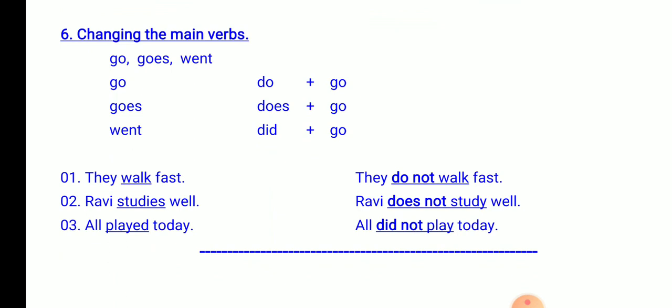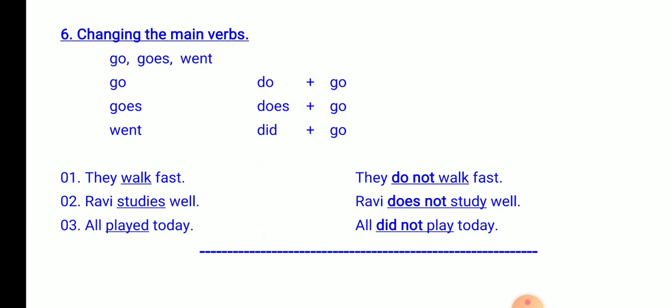Then add not after do. So what is the negative of walk? It is do not walk. Now change the sentence into negative. They walk fast becomes they do not walk fast.